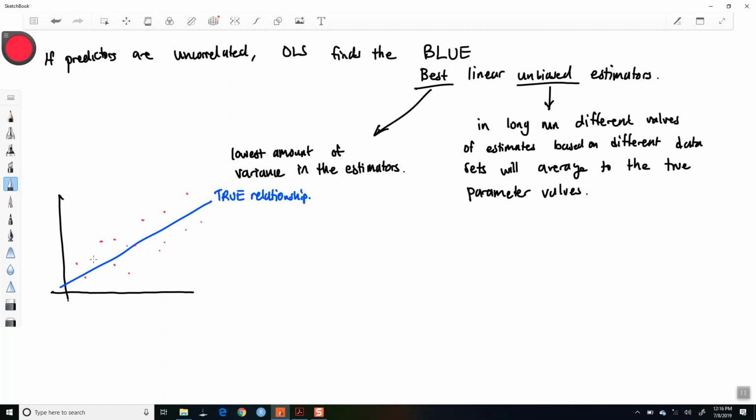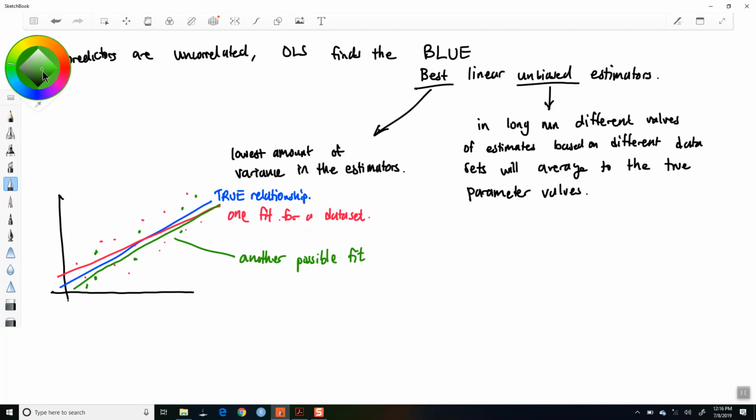This is one fit for a data set. Then maybe another data set has points like these, based around the true model, and it looks like this, and this is another possible fit.